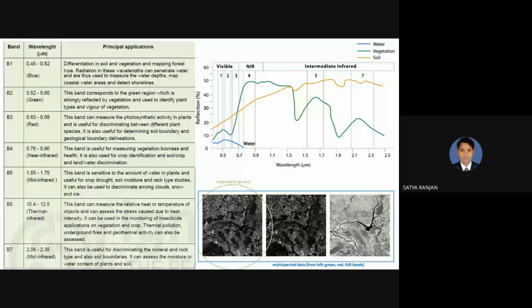So wavelength is inversely proportional to frequency. This is one of the graphs showing the visible rays, visible color, and different features like water bodies, vegetation, and soil, which show different characteristics within different bands.